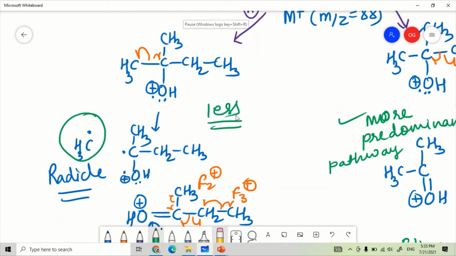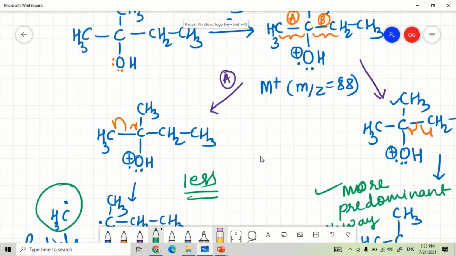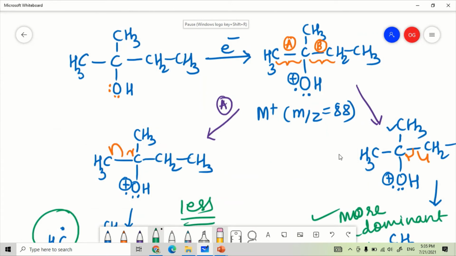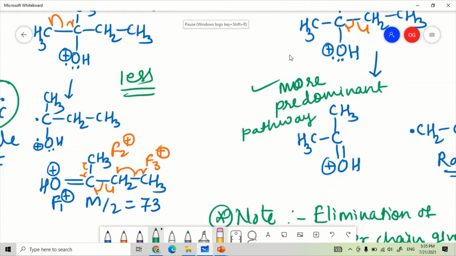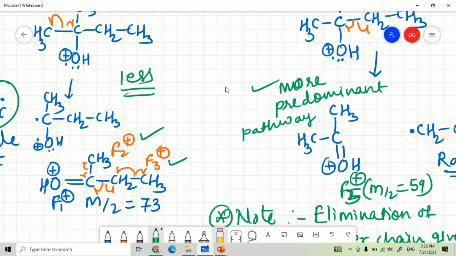So this means that more fragment ions with this particular m/z value can be obtained. What is the m/z over here? It is 59. Okay, so if you are further fragmenting this as F2, F3, F4, then I will write this as F5. You can practice this more.